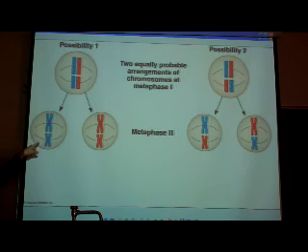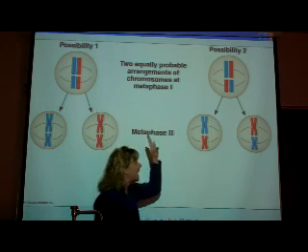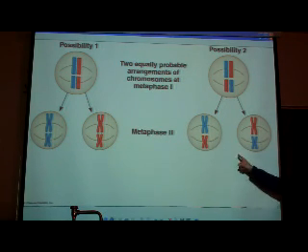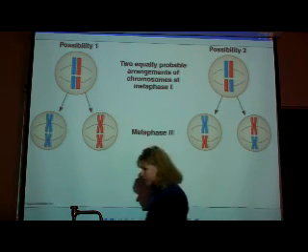In possibility number 1, the 2 chromosomes that are blue found their way into a cell. The 2 chromosomes that are red found their way into a cell. But because they lined up differently over here, a blue and a red ended up together. Just by chance.